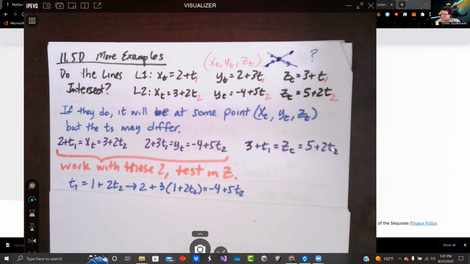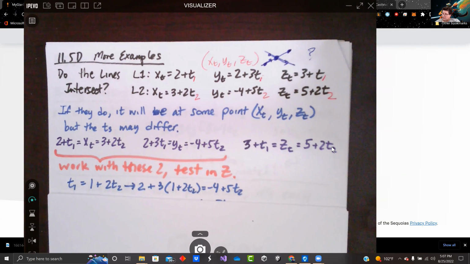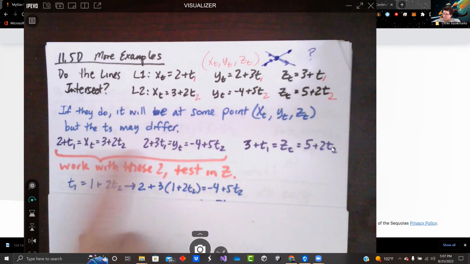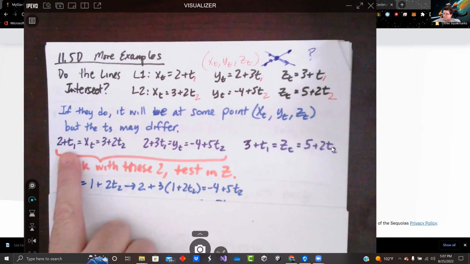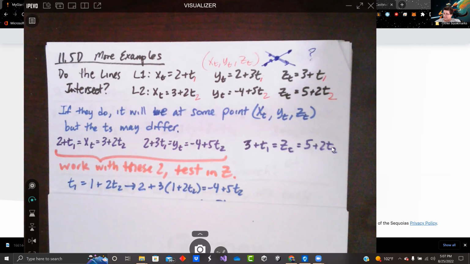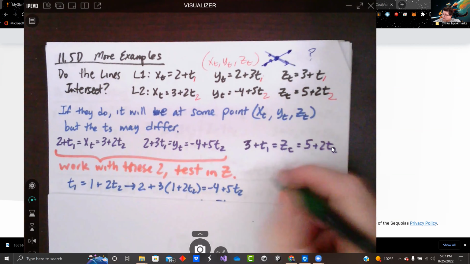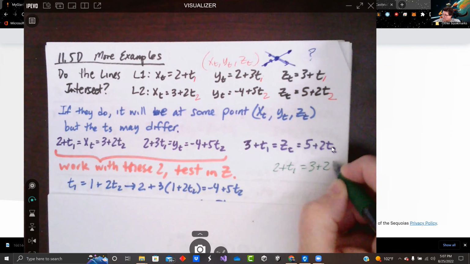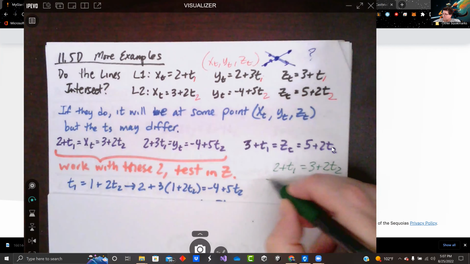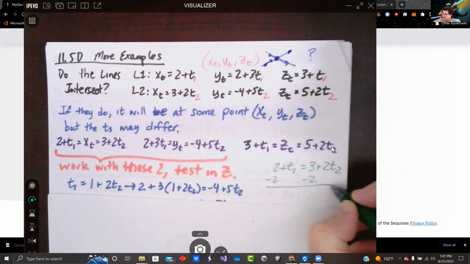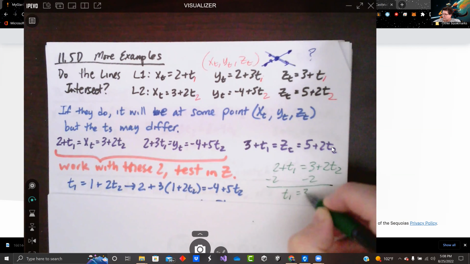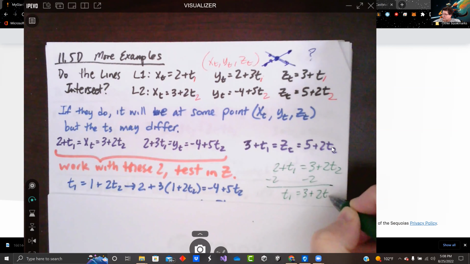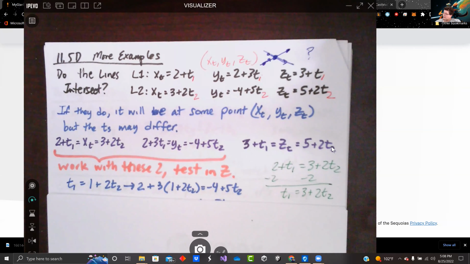So I can solve for t1 here. I've got 2 plus t1 equals 3 plus 2t2. So if I subtract 2 from both sides, I get t1 equals 1 plus 2t2.